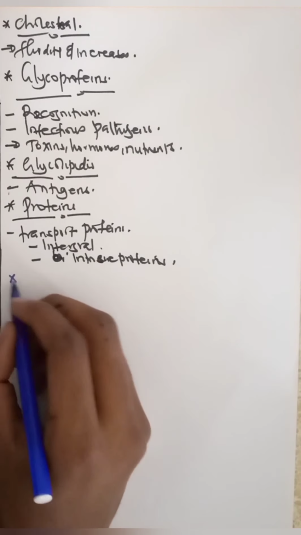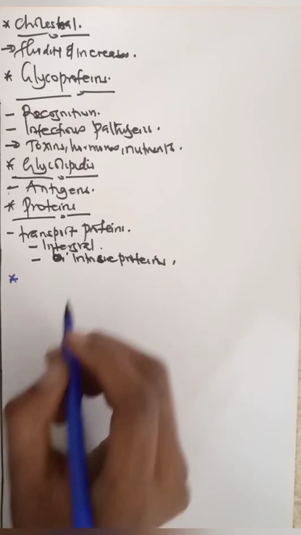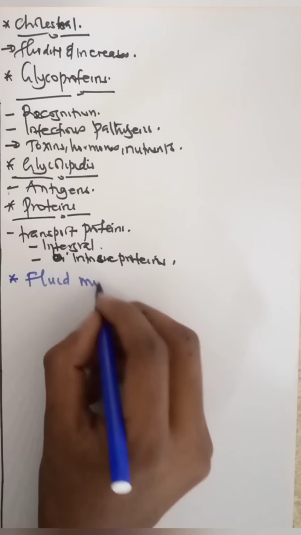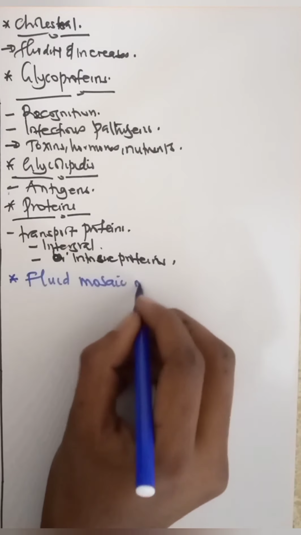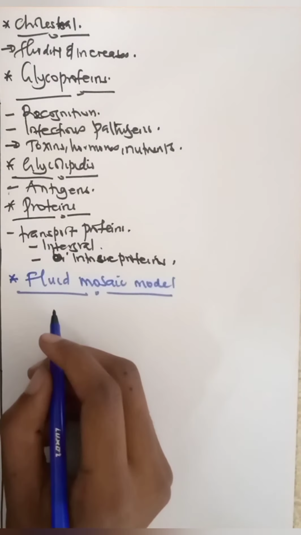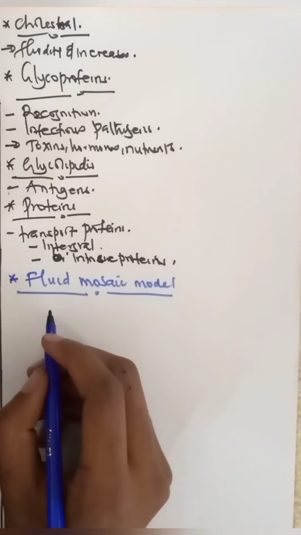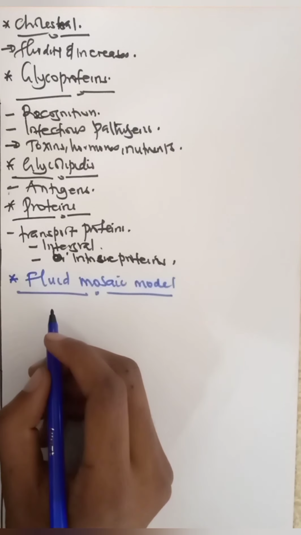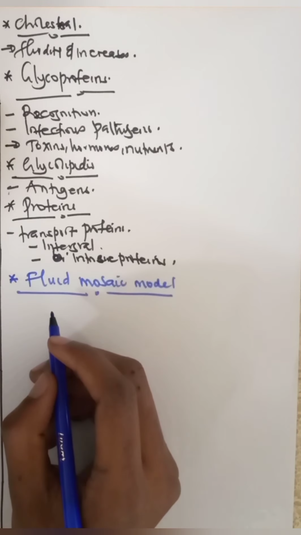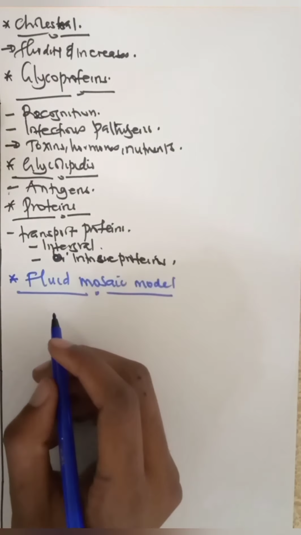However, the fluid mosaic model, which was proposed by Singer and Nicolson, is the more recent and acceptable model for membrane structure.